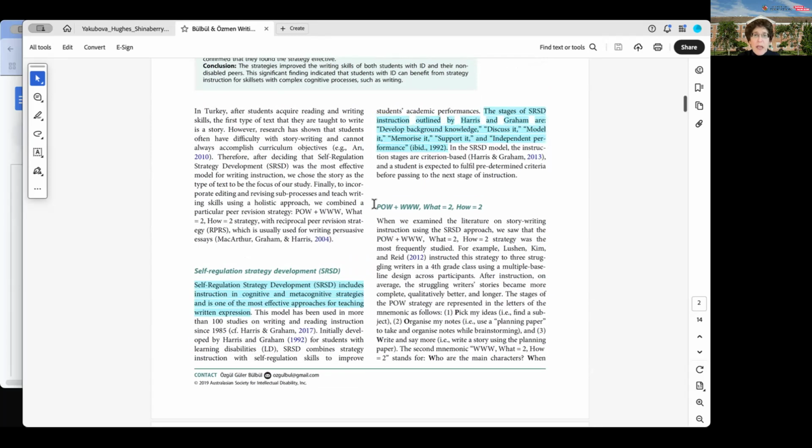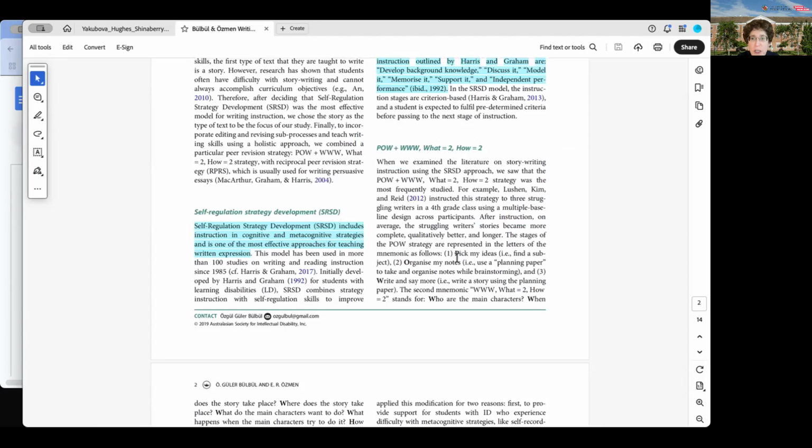Okay, so then there are 2 specific strategies that they're going to be using. The first one is called POW plus WWW, what equals 2, how equals 2. This is an actual approach to teaching writing, and they are detailed here.